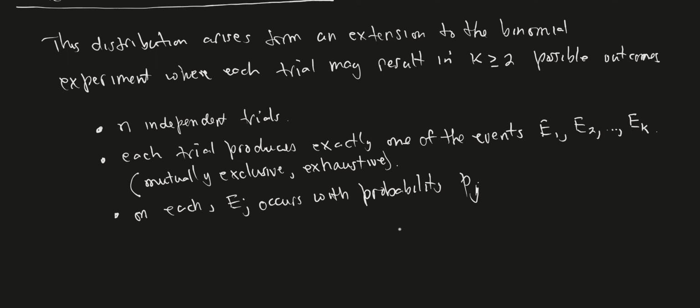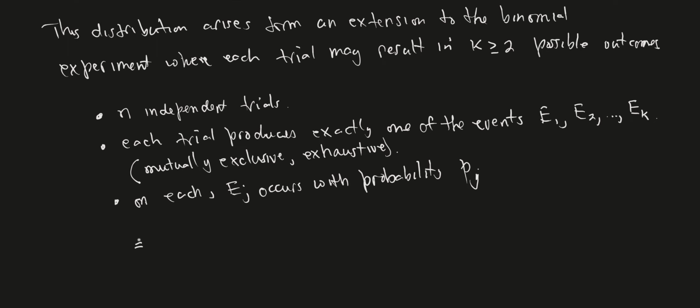And what this means right away, using the properties of our PDF, or one of our axioms of probability, is that P sub 1 plus P sub 2 plus dot dot dot plus P sub k has to be equal to 1. Why? Because these events could be many of them, but they are the only ones that can happen, and they happen each with their own probability. Hence, all those probabilities have to add up to 1.